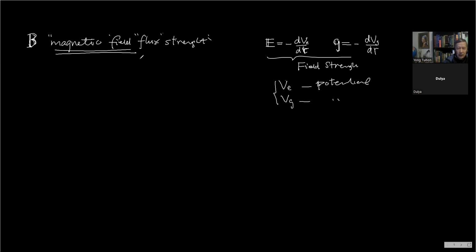So what is magnetic field? Magnetic field is to describe the flux, can you see? If you choose an area, so this is A, so this is area. If you can visualize that the magnetic field goes through this area, not necessarily uniform, then you can argue that we can use the B to describe this flux intensity, the strength.